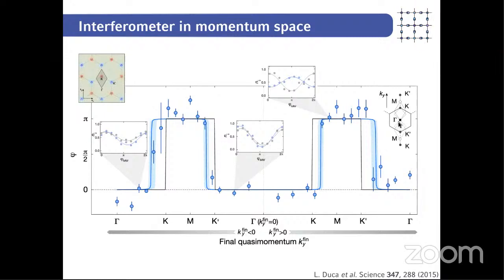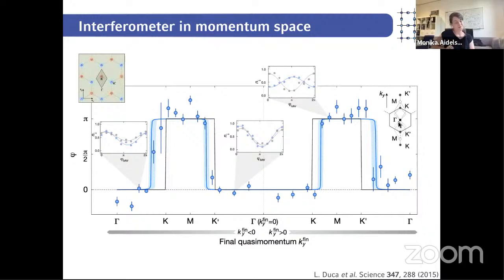Is there an intuitive explanation for why the Berry phase is so peaked around the K and K prime points? Well, there is an explanation. I'm not sure it's very intuitive, but the band touching point at the Dirac point is like a monopole, or the source of Berry curvature.